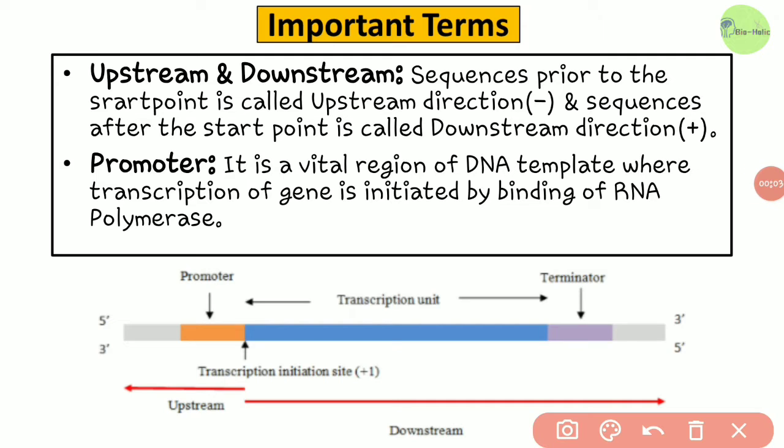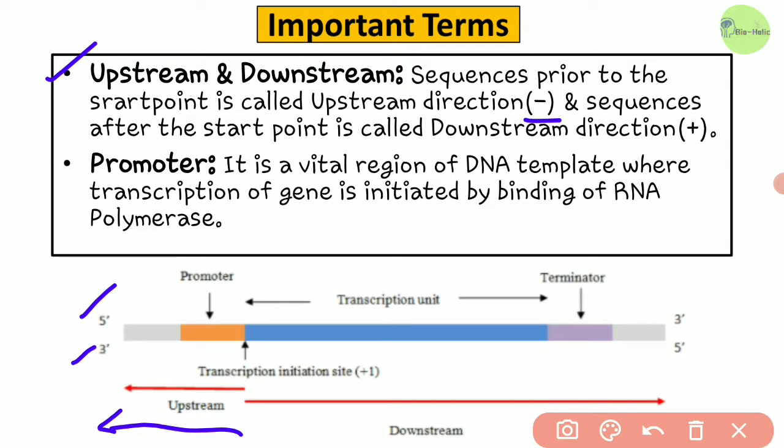Now, what are the upstream and downstream regions? Sequences prior to the start point, that means if this is the non-template or coding strand, then this will be the template strand for RNA synthesis, right? So the sequences toward the 5' end of the coding strand are called upstream, which is also denoted by a minus sign.